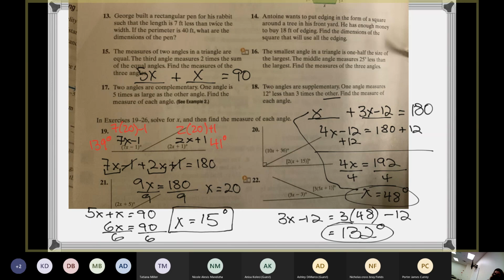The other one is 5 times 15, which is 75. So these are your two answers. We're going to do the same problem again once we get to chapter 3 when we work with two variables.